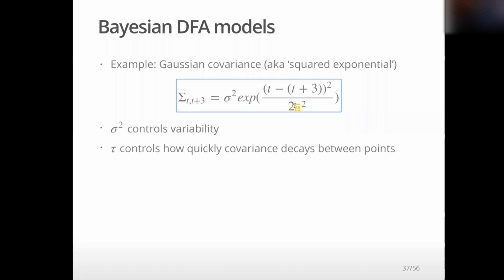So in practice, you can make two points that are separated by a time step or two very correlated or very uncorrelated, depending on how you estimate tau. Those are really the only two parameters that we need to estimate in this kind of framework.